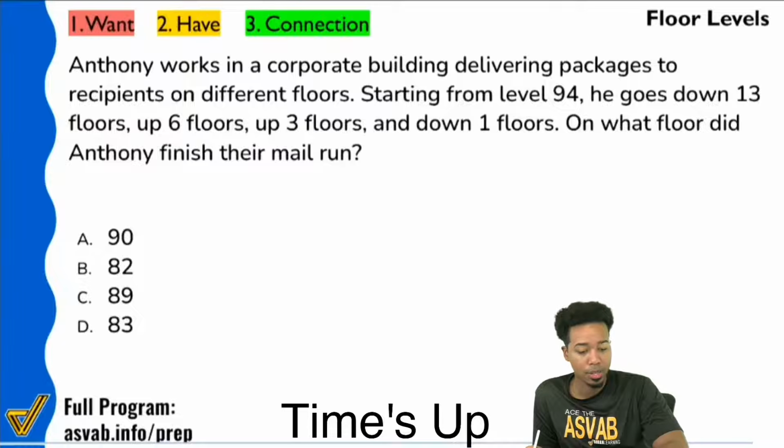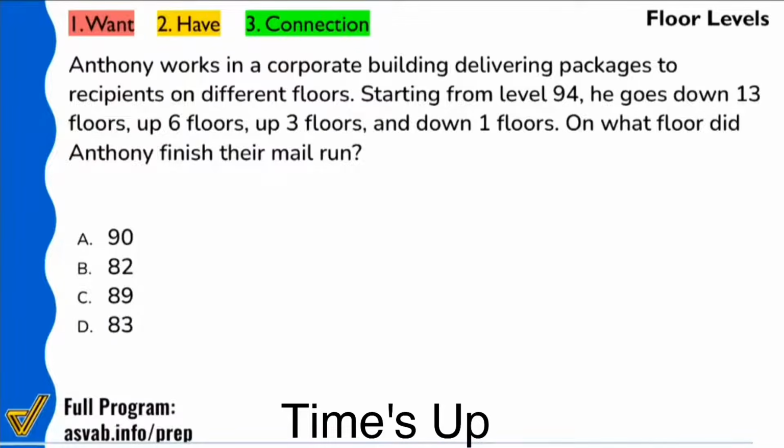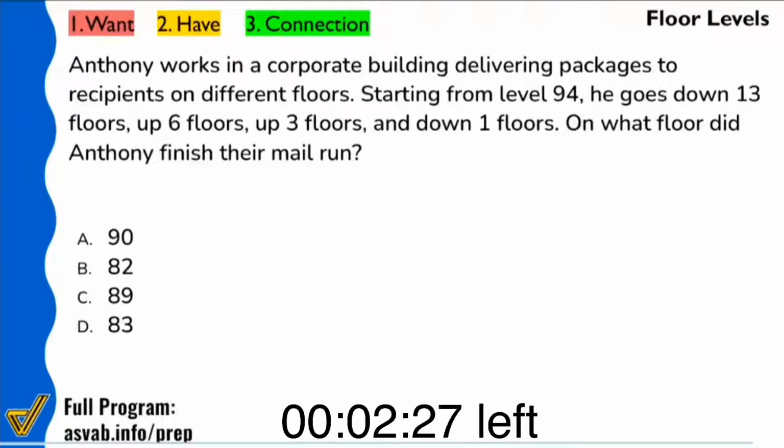And I'm going to shorten it to 2 minutes instead of 2 minutes and 30 seconds, since you are now used to the level of questioning here. Again, stopping the timer at 30 seconds left to make it 2 minutes.